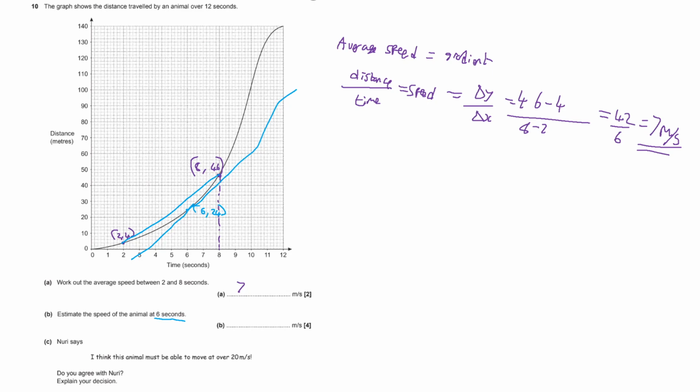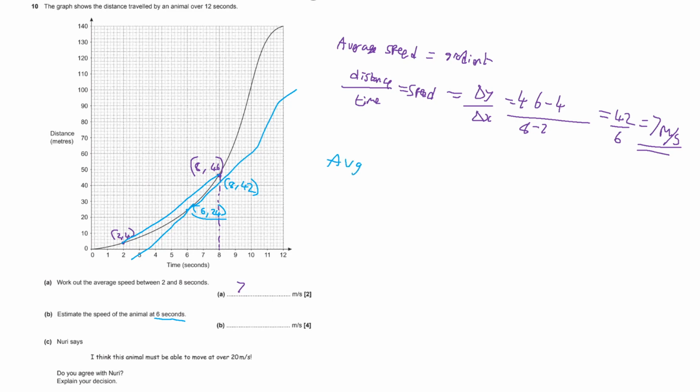This tangent goes through (6, 24), but it also goes through (8, 42). Okay? So now we can use that to work out what the speed is.